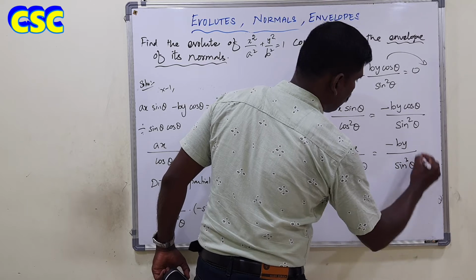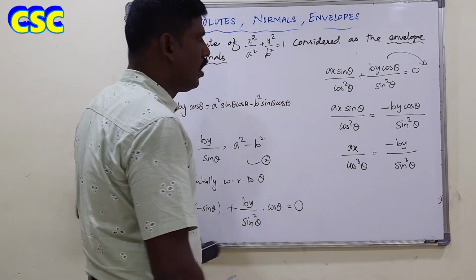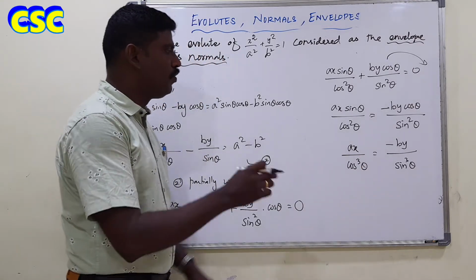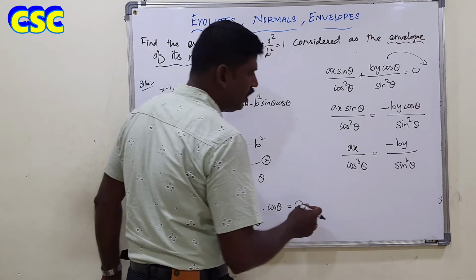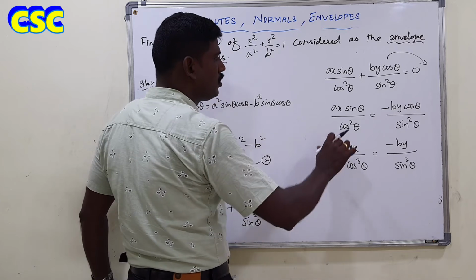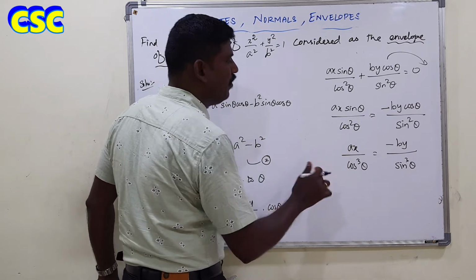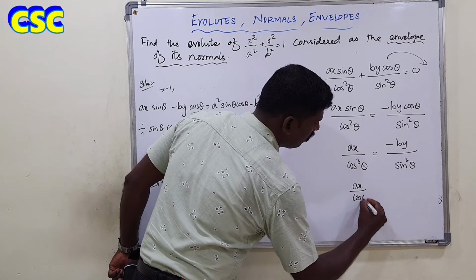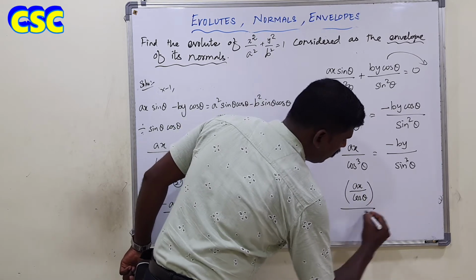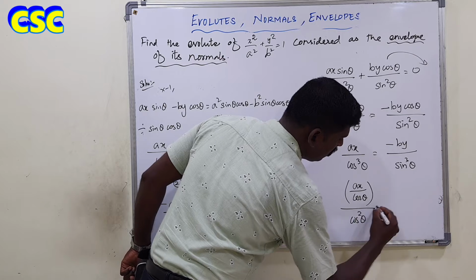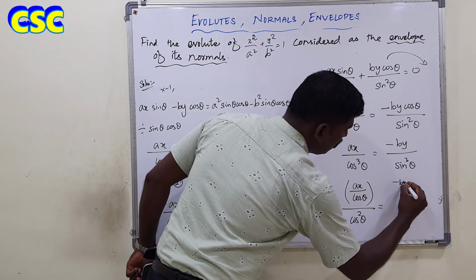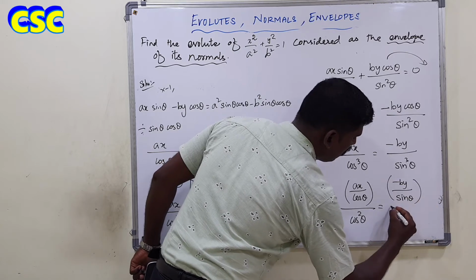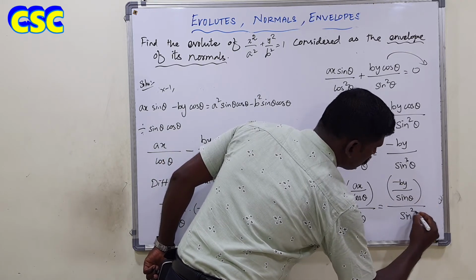sin cube theta, right? Now I am going to apply componendo and dividendo between these two. Before applying it, I make this term convenient: ax by cos theta divided by cos square theta, and this is minus by by sin theta divided by sin square theta.